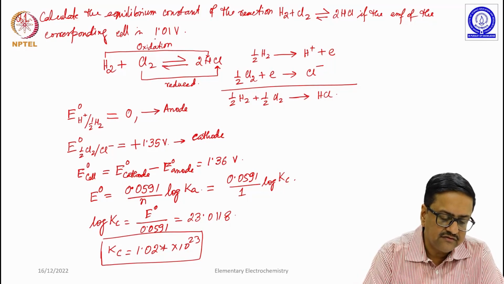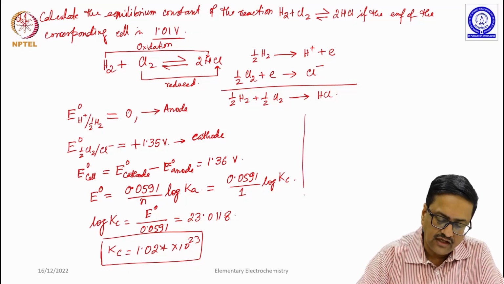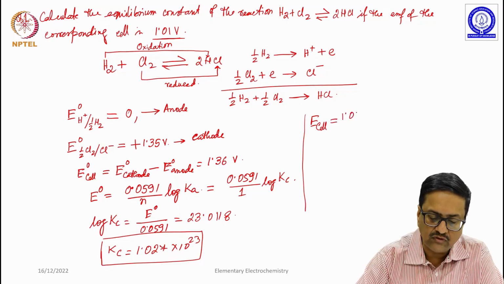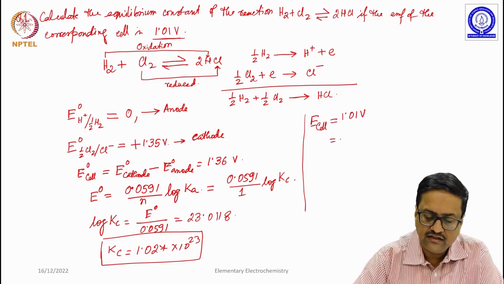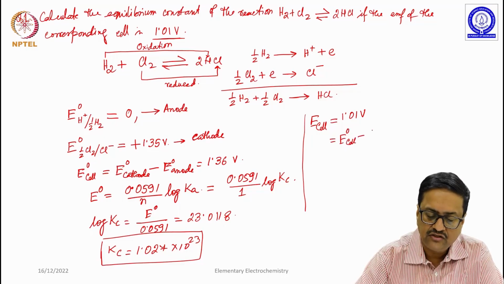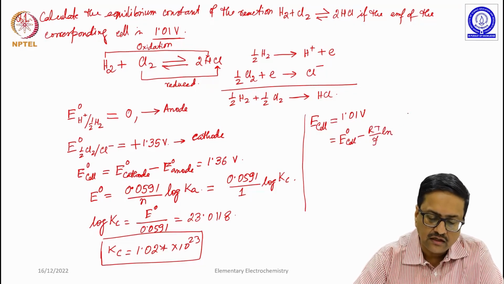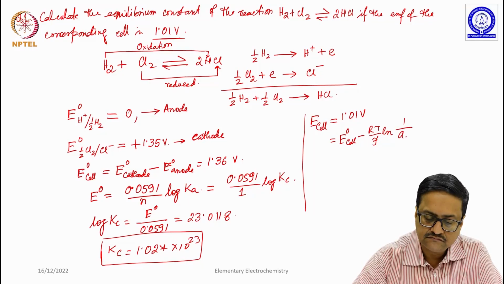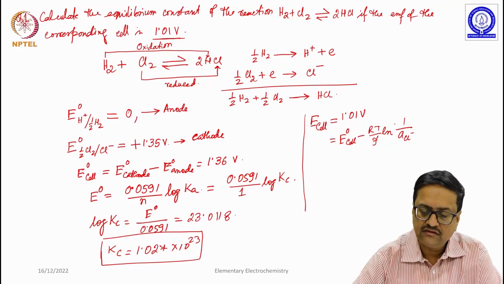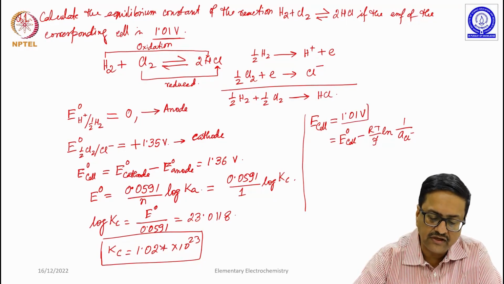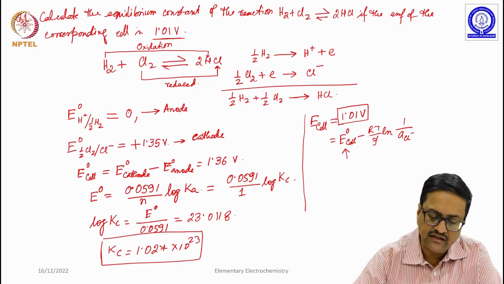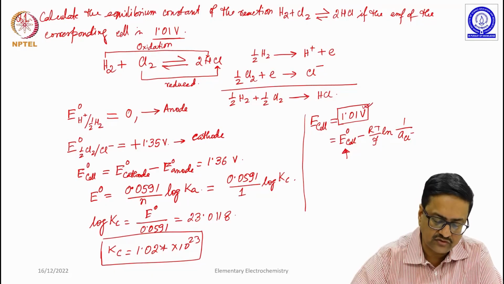You see, the value given is the E cell, equal to 1.01 volt, and you can recall E cell is E0 cell minus RT by F ln, with the activity of Cl minus here. So this is the EMF of the cell and not the E0 cell, and here we don't need to use this value at all.